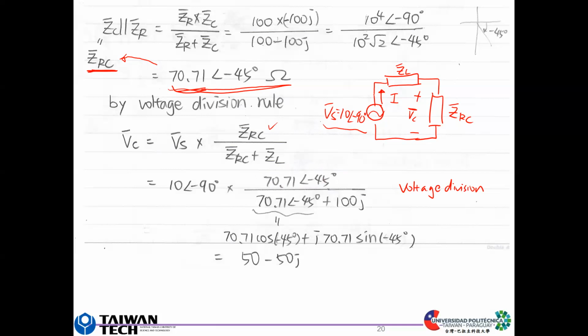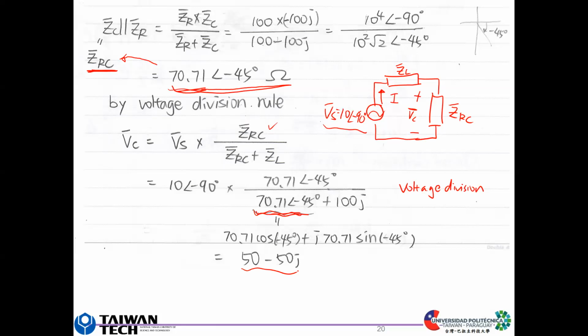Since we just calculated ZRC as 70.71 degree minus 45 degree, and then we need to do the summation of this complex number, we need to convert it to rectangular form. I convert this polar form into its corresponding rectangular form, and this is 50 minus 50J.